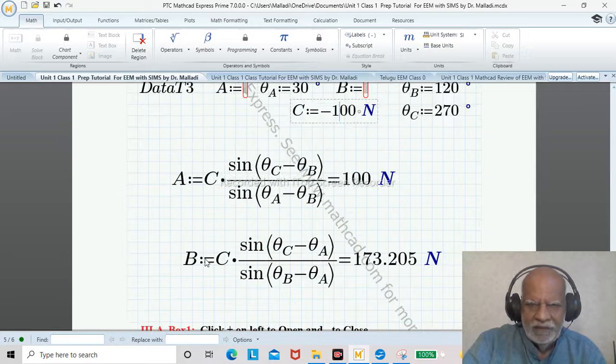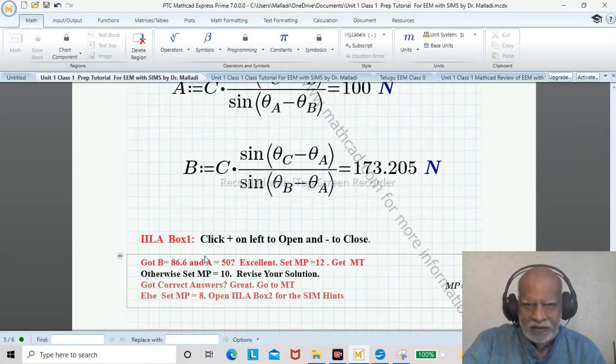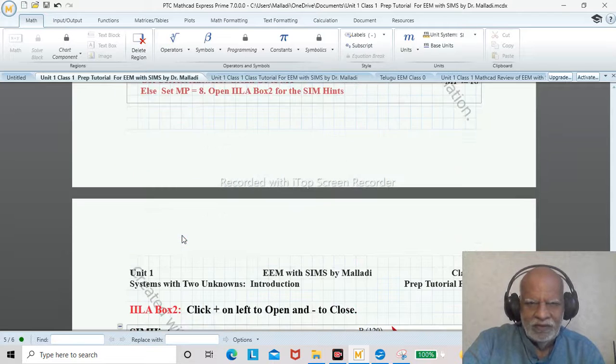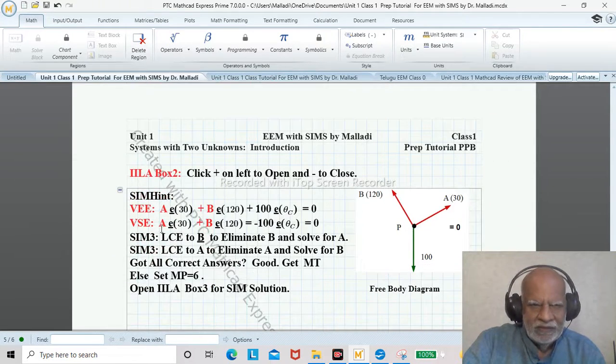So anyway, now suppose you didn't get these answers for some reason, for some mistake. So you go to hint. See, V is equal to 30, 120 plus 100 is equal to 0. Then you change it to vector simultaneous equation or system equation, whatever it is. So simultaneous equation, this will be here like this.